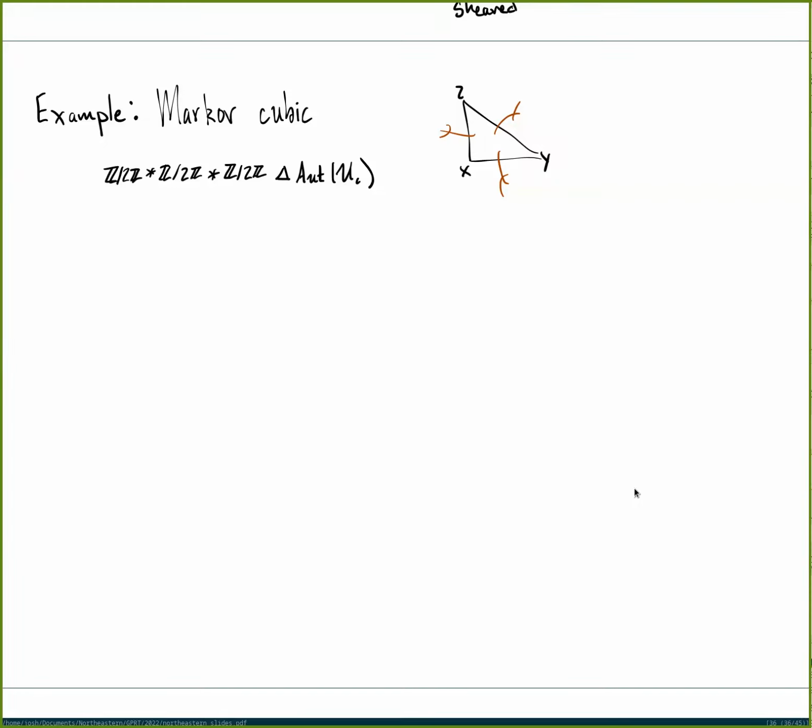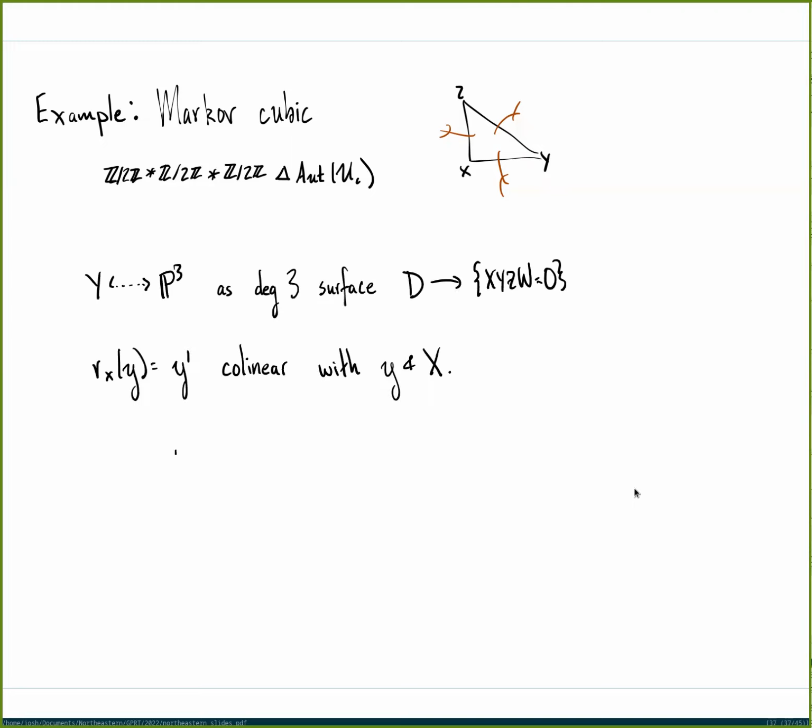What are the generators of this group? It's easy to see generators if you map Y into P3 as a degree 3 surface. This is almost an embedding. Then if I look at a line intersecting the image of my Y, since it's a degree 3 surface, the line is going to intersect the image of Y in 3 points.